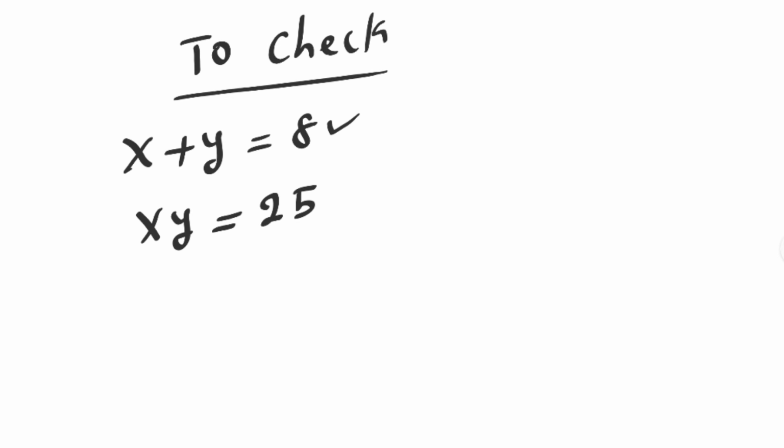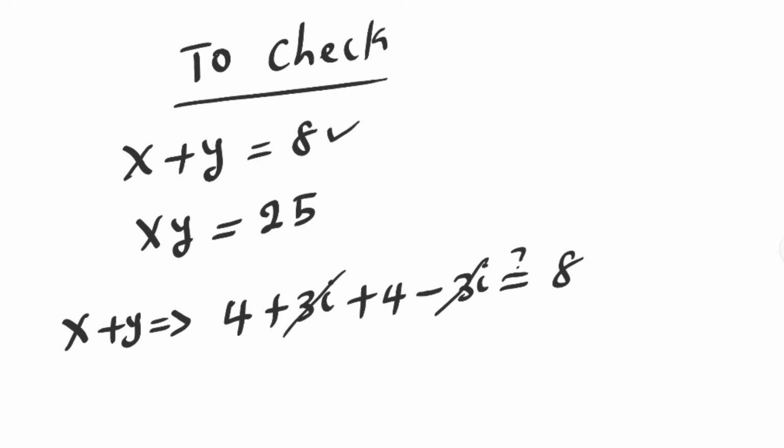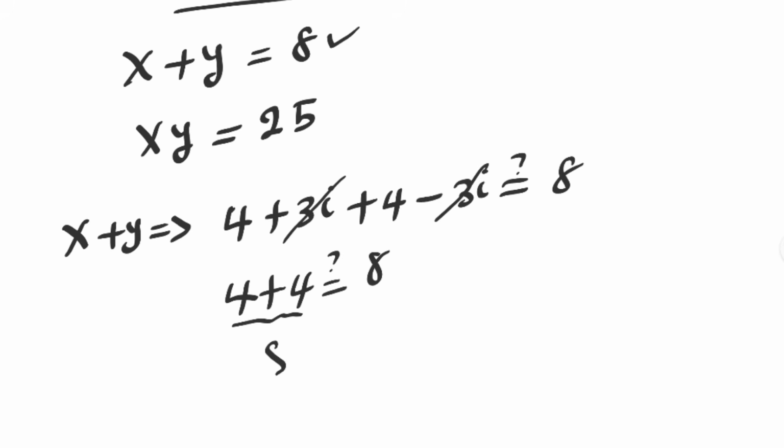Let us consider this. x plus y, this is 4 plus 3i plus 4 minus 3i must be equal to 8. This cancel this. 4 plus 4, this must be equal to 8. And of course, 4 plus 4, this is 8, is equal to 8, which is true.